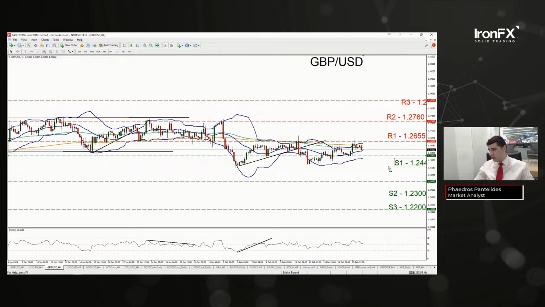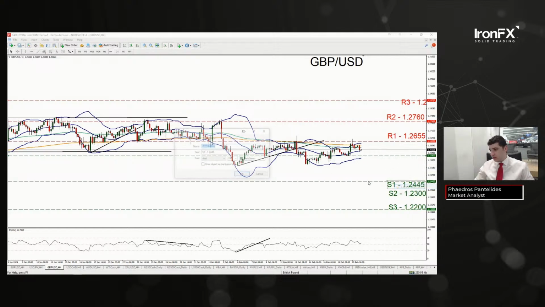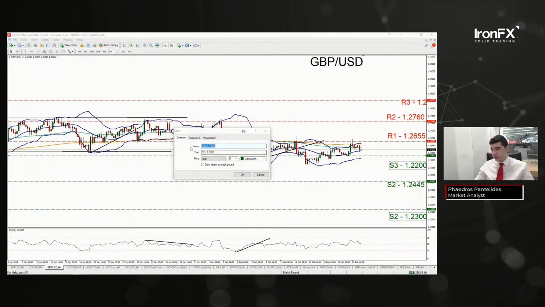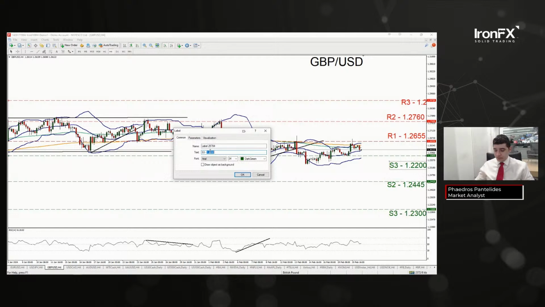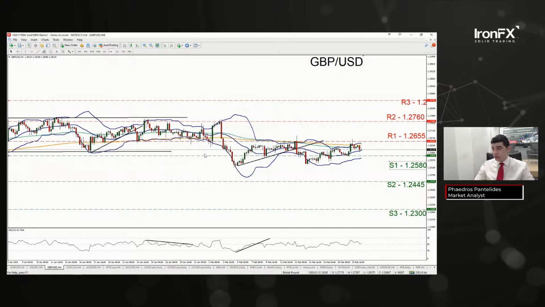I've got S1, so this becomes S2. Hold, S2 becomes S3. Then for S1, 1.2580. That's my S1. Staying between S1 and R1, that's my sideways bias.